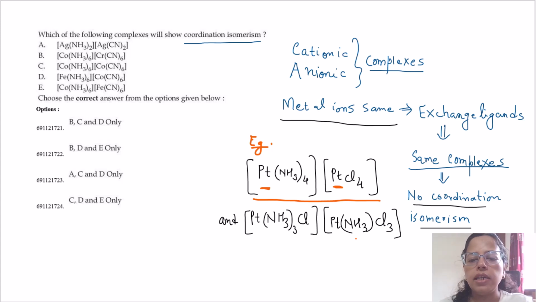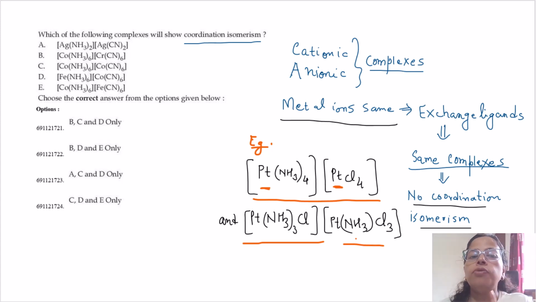So we have an entirely different structural formula, which is [Pt(NH3)3Cl], entirely different from [Pt(NH3)4], and also in the anionic complex [Pt(NH3)Cl3]. So there is this possibility in some complexes where the central metal ion is the same. This is a specific example, but in our given options there is no such possibility.